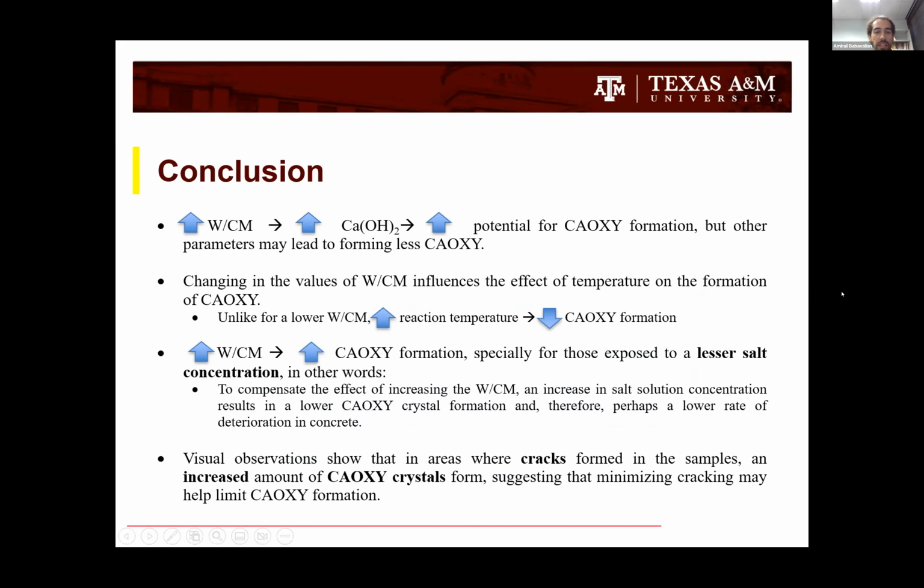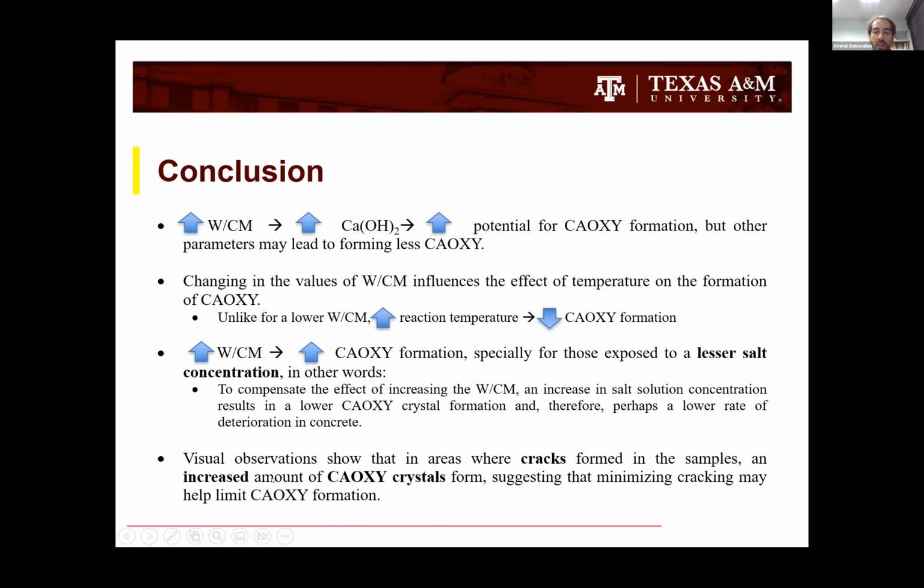For a lower water to cement ratio, by increasing the reaction temperature, we saw that the KXC formation decreased. And also by increasing the water to cement ratio, we have more KXC formation, especially for those samples exposed to lower salt concentrations.